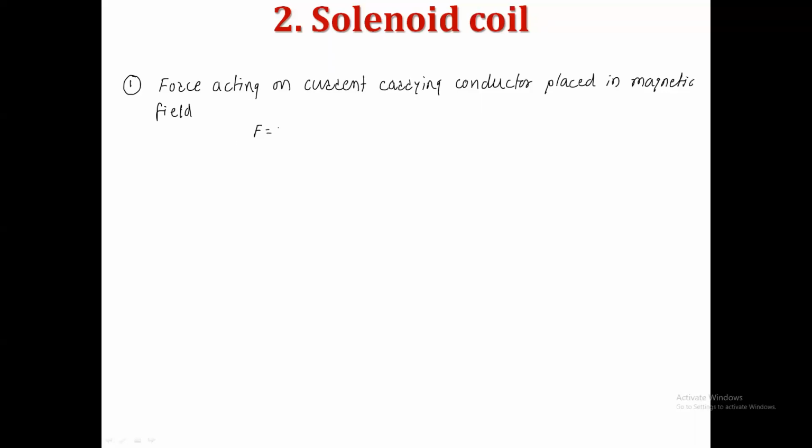F is equal to B I L sine theta. Is it right? In this way you can calculate it. This is the formula, and the direction we can calculate by using Fleming's left hand rule. Okay, so this is the first thing.